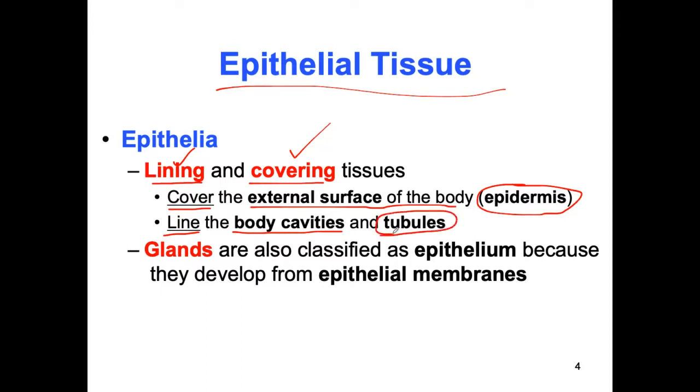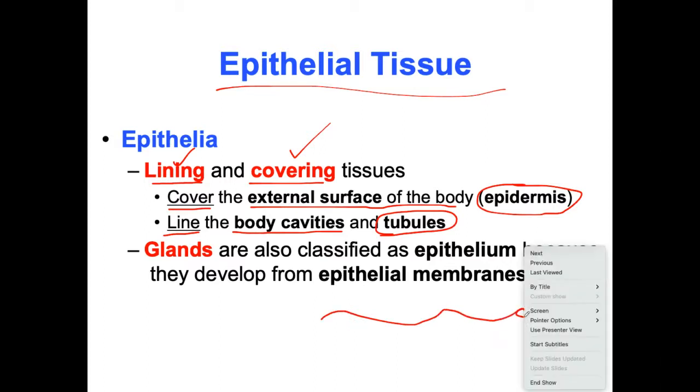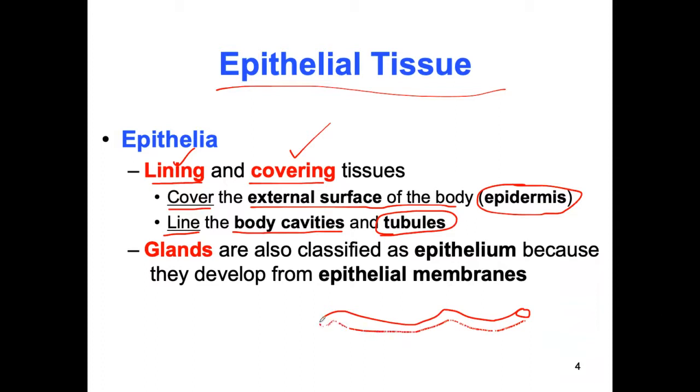and it also can be found in tubules. Now, tubules, you see the word tube. So anywhere we have something that looks like a hose within the body, a hose-like structure, that's a tube.